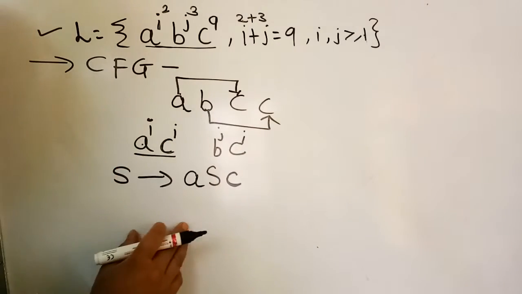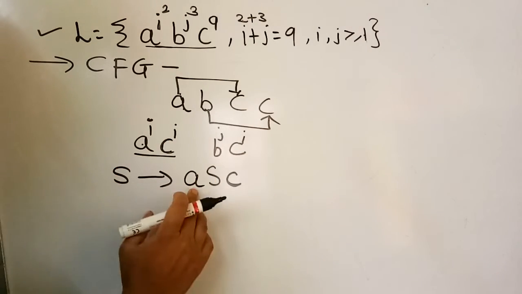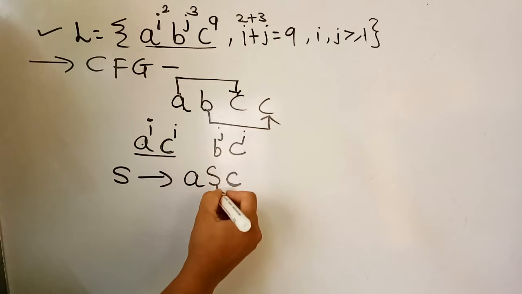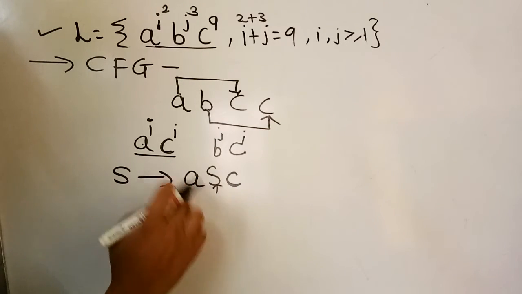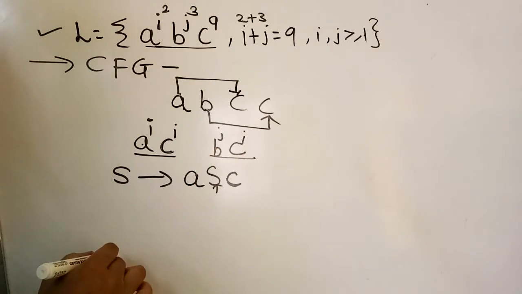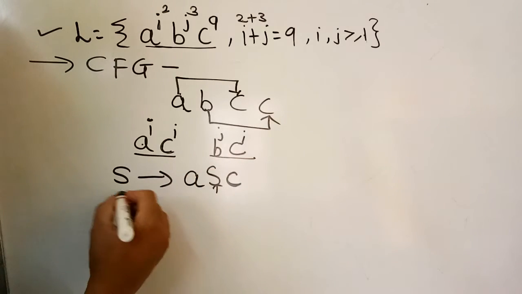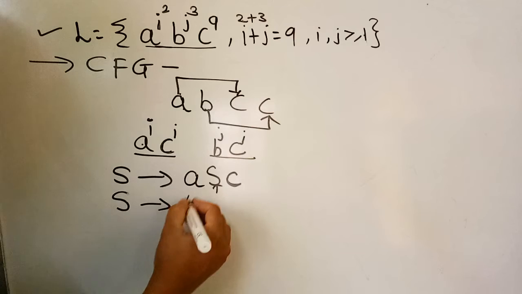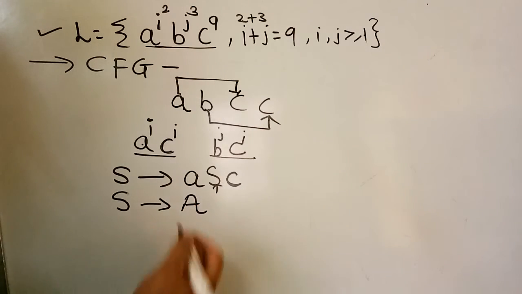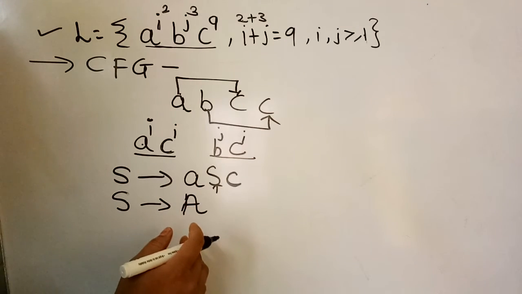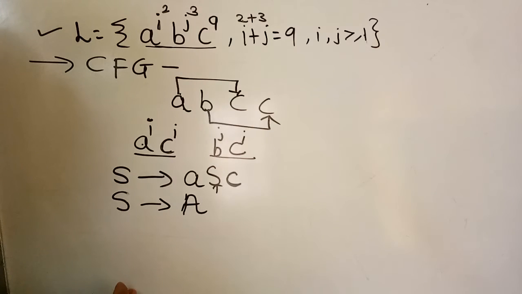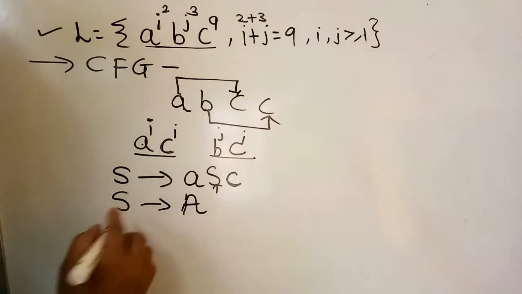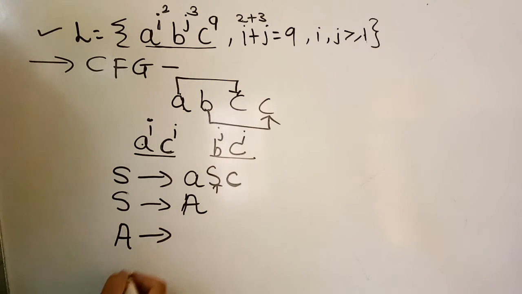For such a case mapping, we write the grammar like S gives ASC. This S is again the combination of these terms, so we replace it with another non-terminal, that is S gives, for example, capital A. Now we have to design for capital A. What is the capital A? We develop the logic for the case b raised to j, c raised to j.